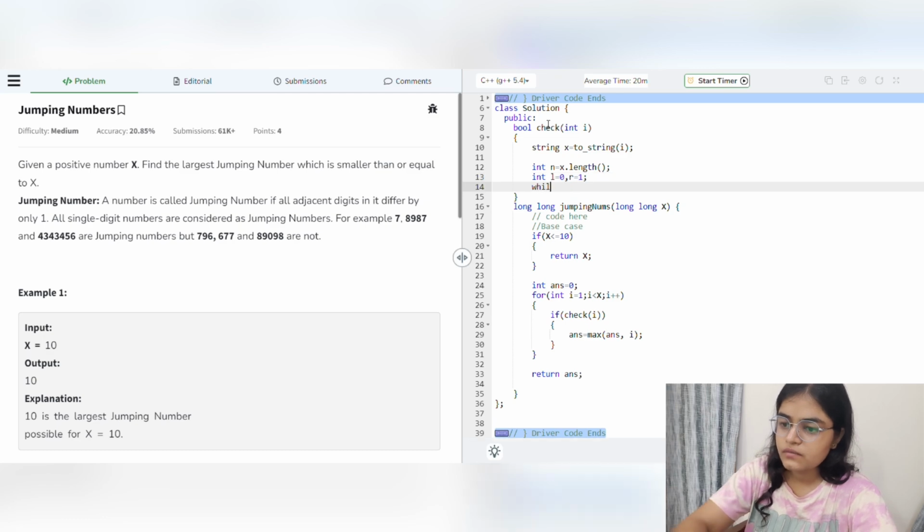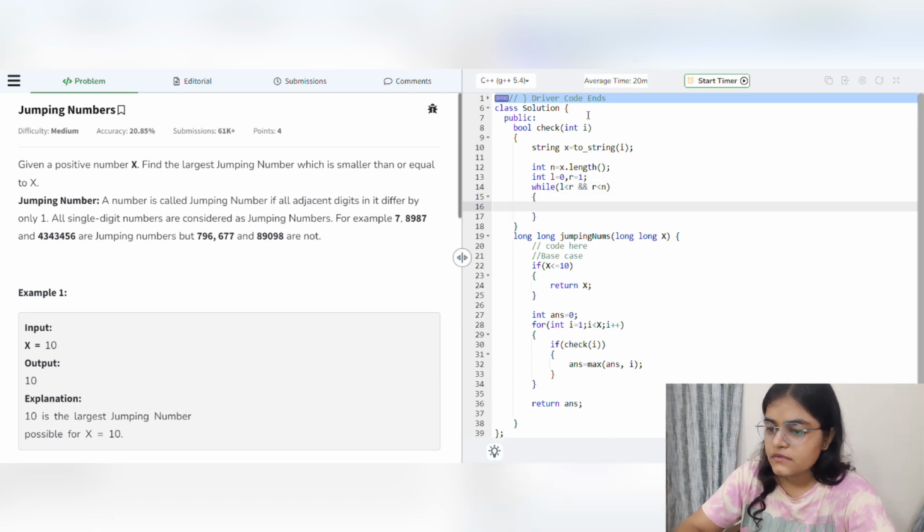Now a while loop where L is not equal to R, because we have to check the adjacent digits, that the difference between the adjacent digits is 1, and R is less than n. This condition should also be satisfied so the R pointer doesn't go out of bounds.